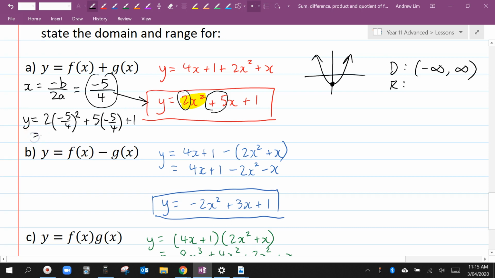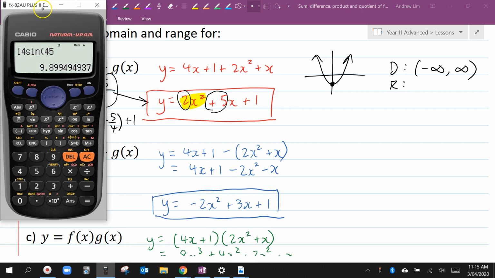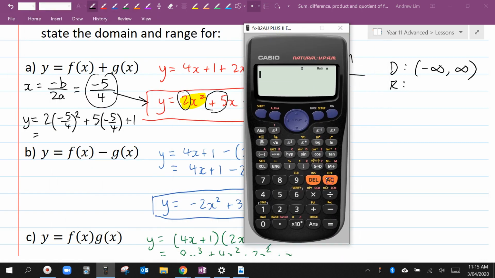And that'll tell us what the y coordinate of the turning point is. So if we were to put this in our calculator, remember that trick that I taught you, just do minus 5 over 4 equals, and then we can just do 2 times answer squared plus 5 times answer plus 1. That is minus 2.125.